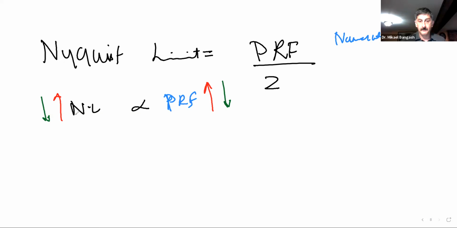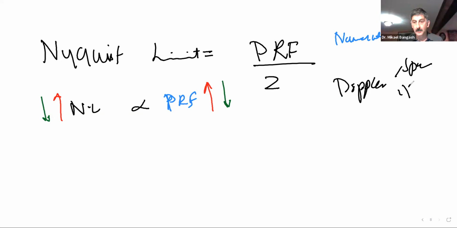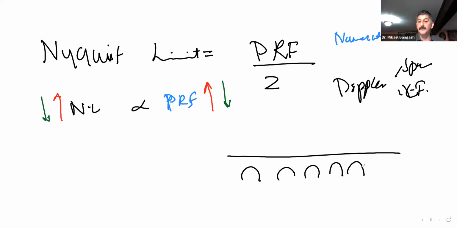Now, girls, please keep in mind whenever you turn on a Doppler function, whether spectral Doppler or color flow Doppler acquisition, the functions of these knobs here are going to be different than they used to be in regular B mode.